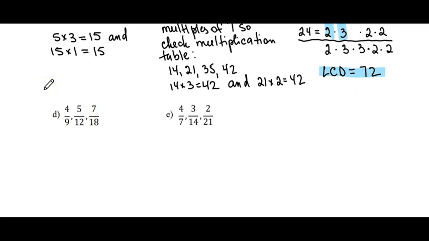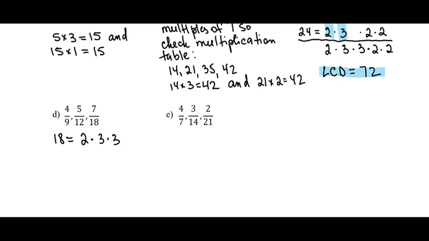So I am going to start with the prime factorization. For 18, I'm going to start with the bigger number. 18 is 2 times 9, and 9 is 3 times 3. So 2 times 3 times 3 is your factorization.